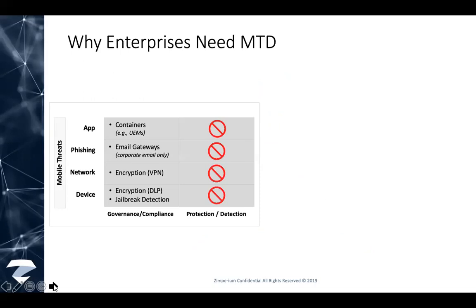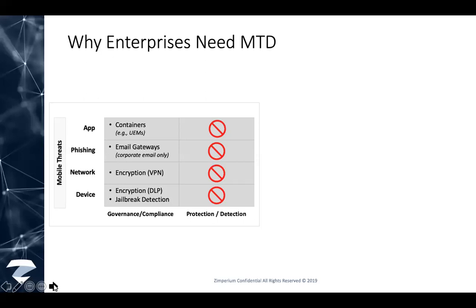So why do enterprises need mobile threat defense like us? Well, if you look at the corporate governance, that's the predominant stuff that's on mobile devices today. Encryption, VPNs, email gateways for corporate email, for phishing. Now it's important to note in mobile, there's also personal email. There's also messenger apps. There's also text.